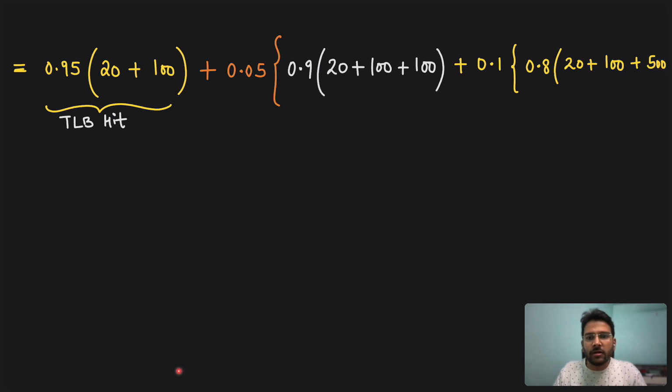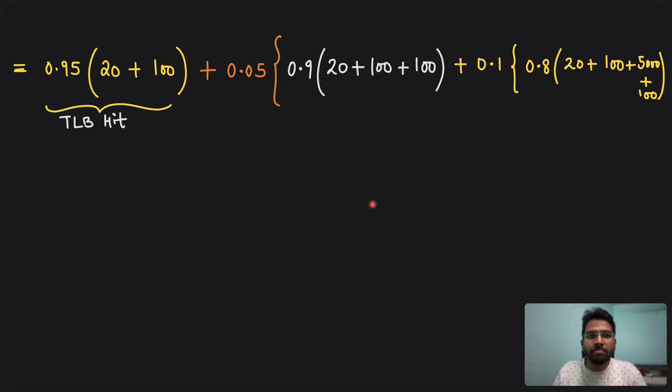So just let me write it, and that will take how much? Should I write it in the next line? That would be better, I think. Okay, let me write it here. So plus 5,000, because you are going to load that required page from the secondary memory to the main memory, and then you are going to access the data.